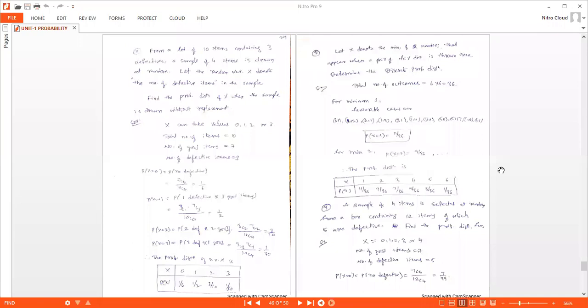Because there are 3 defective items, you need to select one. So that is 3c1 into, you need to select 3 good items out of 7. So 7c3 by 10c4. On simplification, you will get 1 by 2.